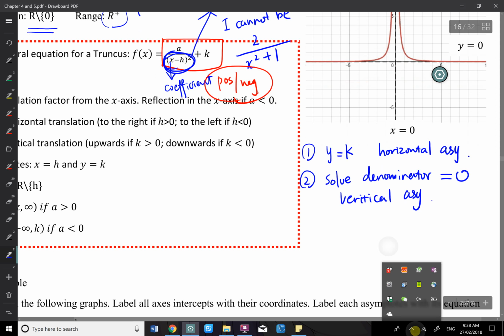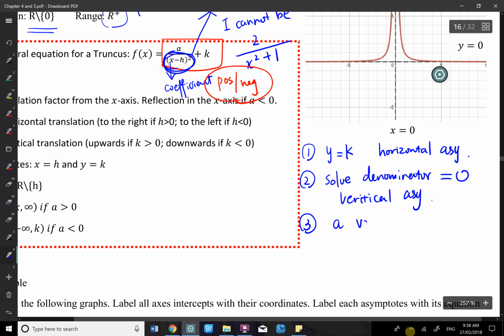Okay, number 3 is look at a value. You look at a, you have 2 types. If a is positive, you have that, above the axis as x asymptotes.